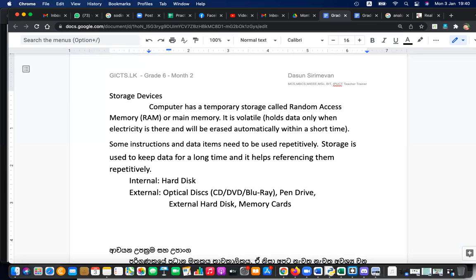So there are memory cards called micro SD, SD memory cards. Yes, teacher. So those are there in mobile phone, right? Micro SD, the small memory card, memory chips in mobile phones. And if you have digital cameras, inside the digital cameras also you have a chip that is called SD chip.